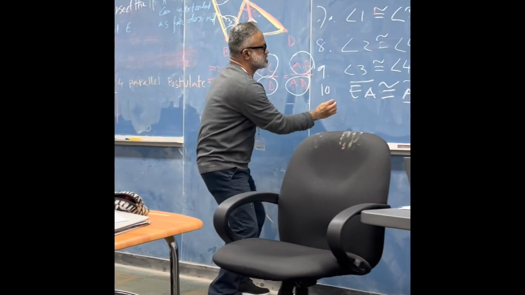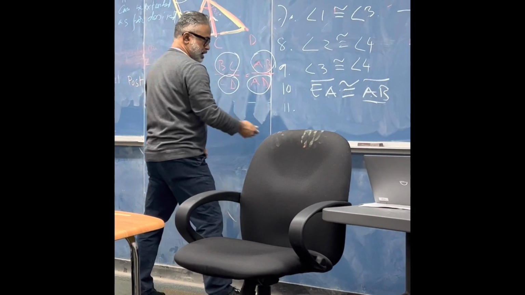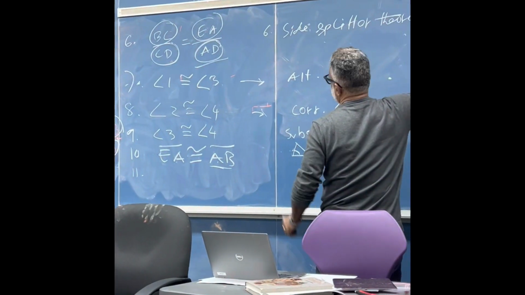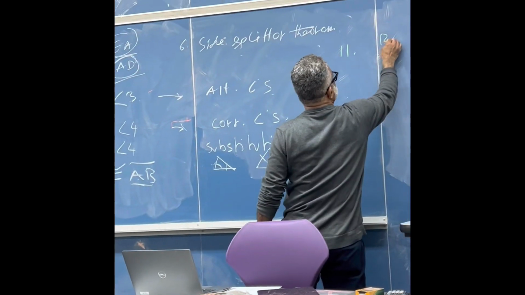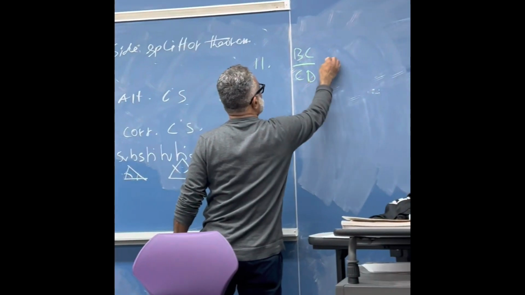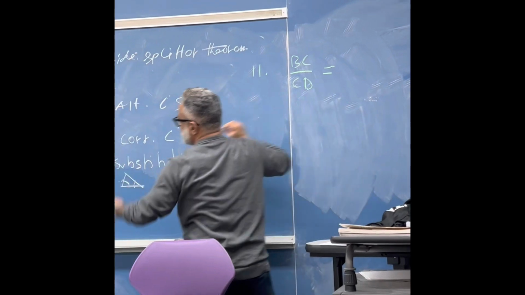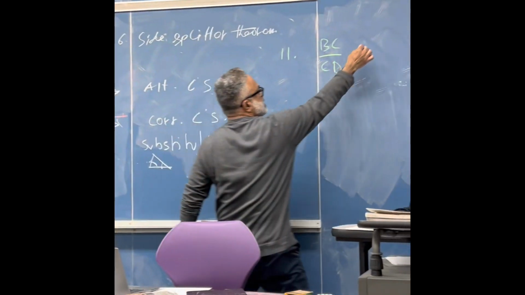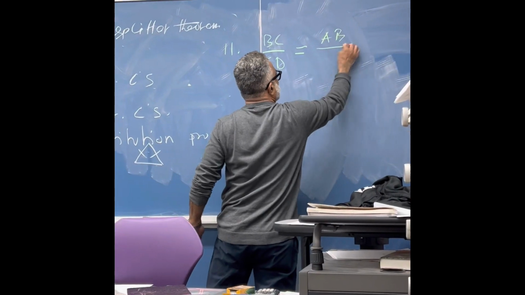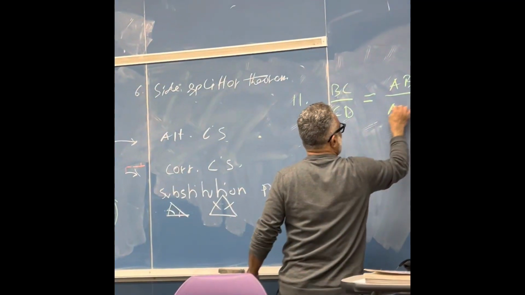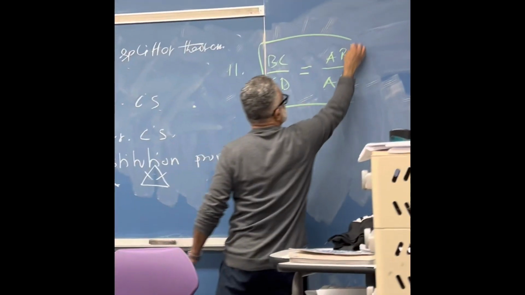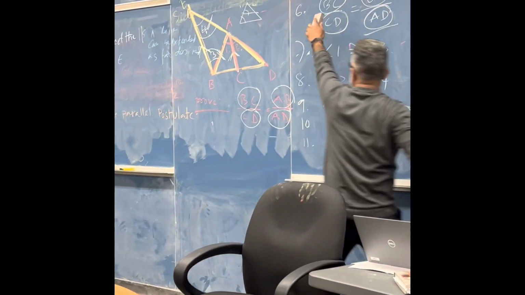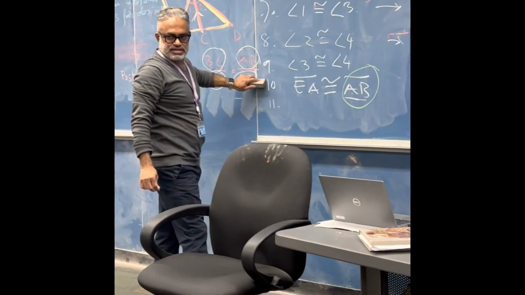So now I'm reading line 11: BC over CD is equal to EA, substituted by AB, over this AD, right? Substitution, and just give the numbers from 6 and 10.